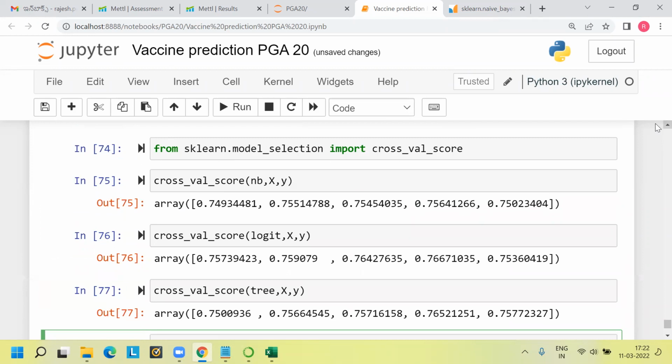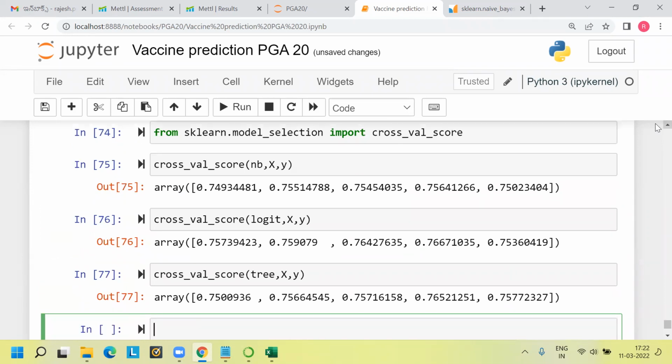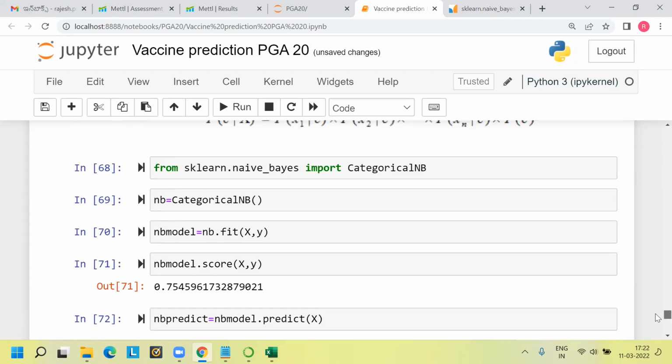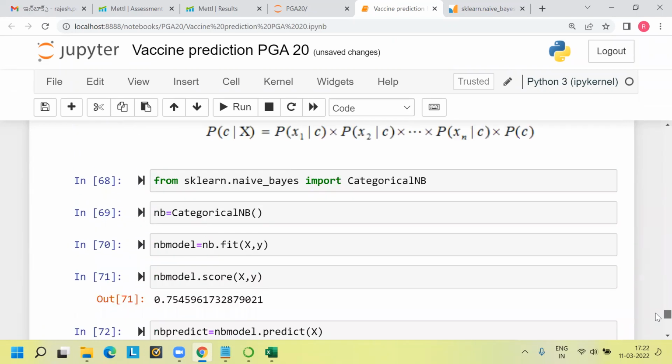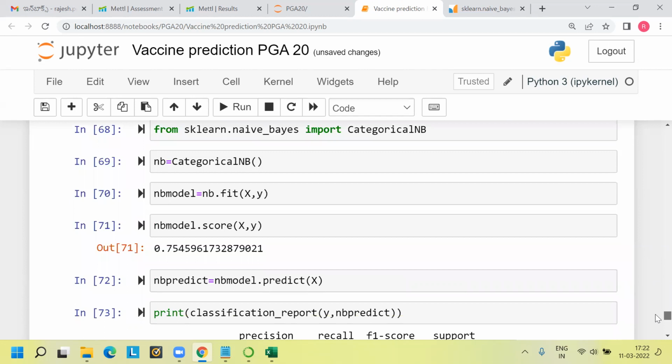I think we have fixed the max depth, right? So this is also similar to that pattern. So you need to have stable models. These are very stable models. They work well on any new data also. If you give new data, it will work on that very well.